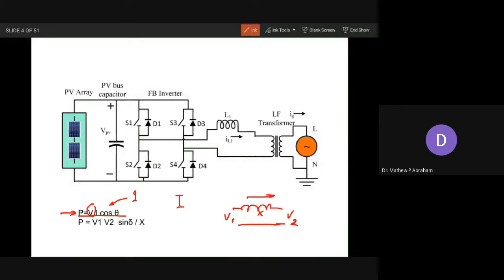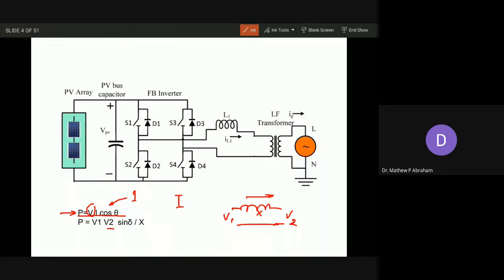Right? So the grid voltage is constant. What we can control is V1. So V1 is the voltage generated at the terminals of the inverter. So by controlling this voltage, we can adjust the power.